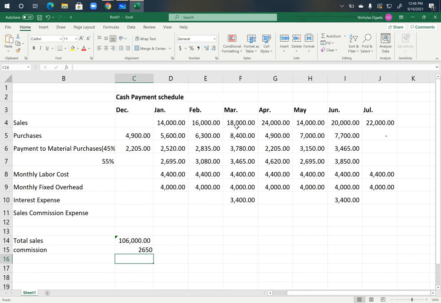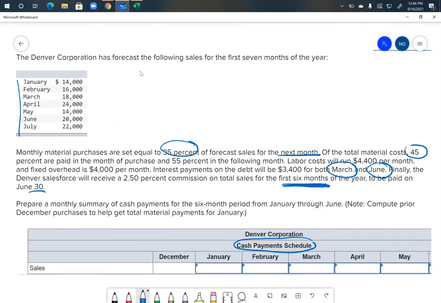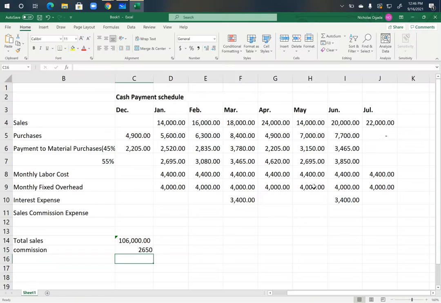So again, this is paid in June. On June 30th, you'll pay 2,650. And that's basically what you need as far as the schedule is concerned.